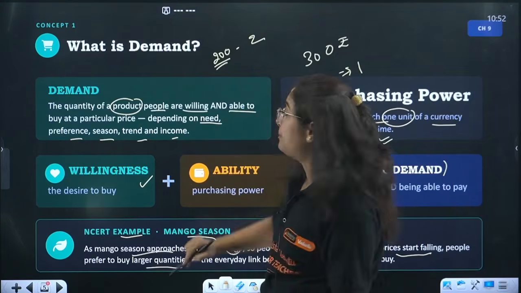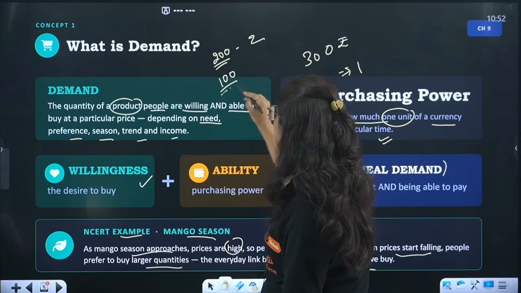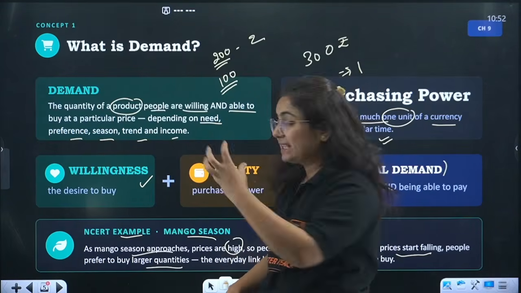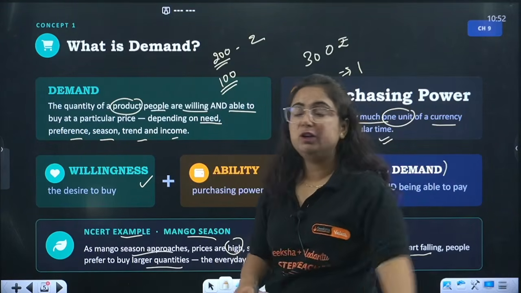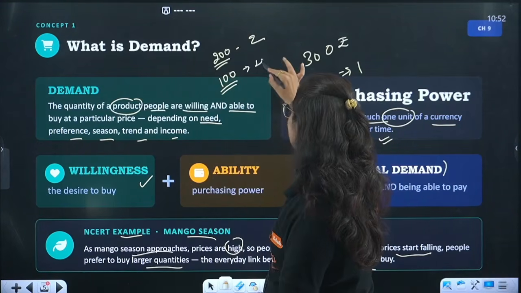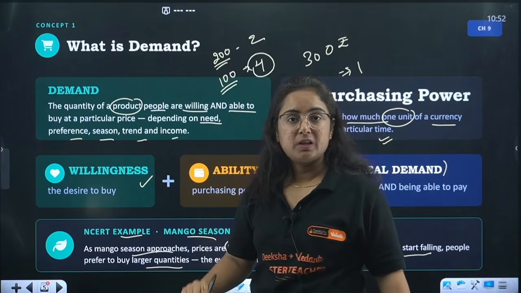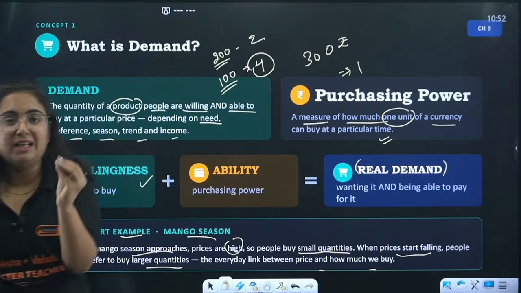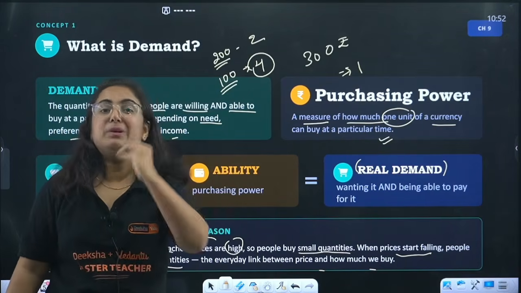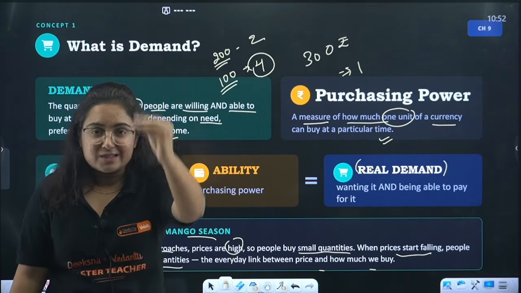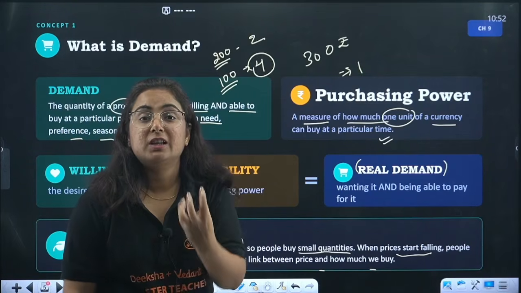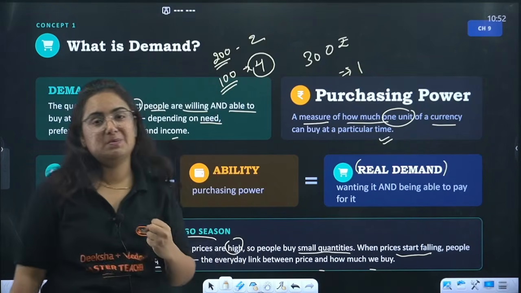But when the price drops to 100 rupees per kg, and if there is demand at our home, we are capable to buy it, what will we do? We will increase the quantity to 4. And this is what demand depends on: your ability to buy and your willingness to buy are the two pillars, the two factors on which the demand of a product is based.